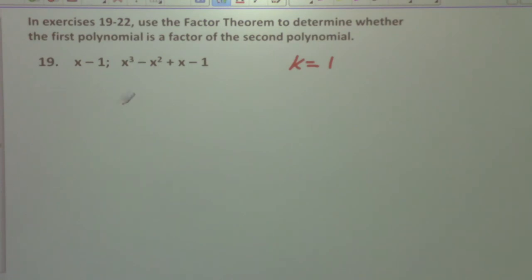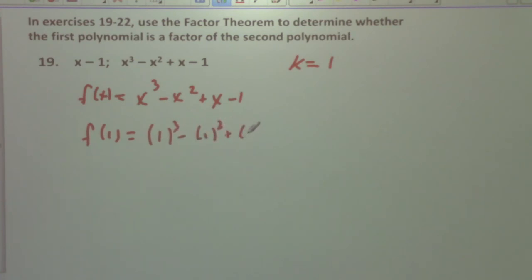So what we're going to do is we'll say f of x equals x cubed minus x squared plus x minus 1. And we substitute in 1, so f of 1 is equal to 1 cubed minus 1 squared plus 1 minus 1. What does that all simplify to? 0.